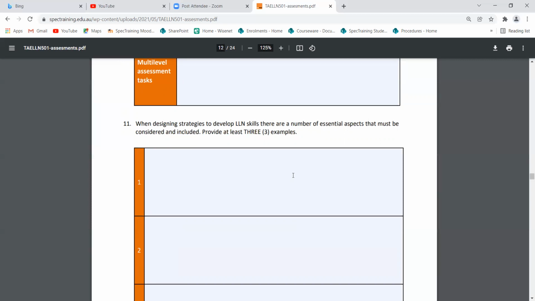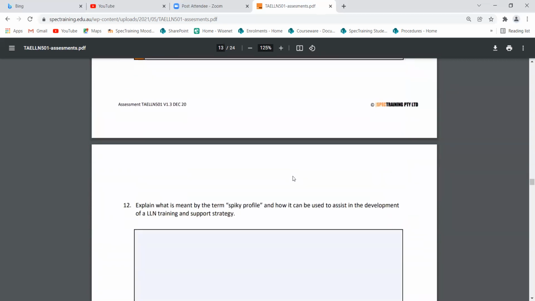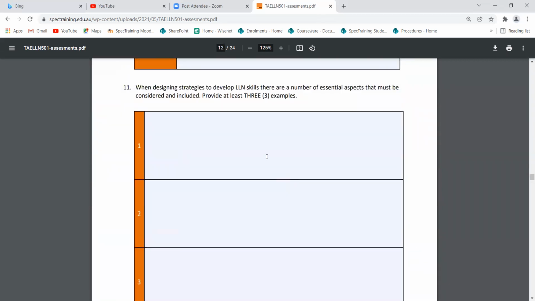Okay, when designing strategies to develop LN skills, there are a number of essential aspects that must be considered and included. First thing I would consider is, what is the learning outcome? What is the learner actually looking to do? So number 1 could be thinking about the outcome. Okay, number 2 could be, what would be the best resources to make that happen.